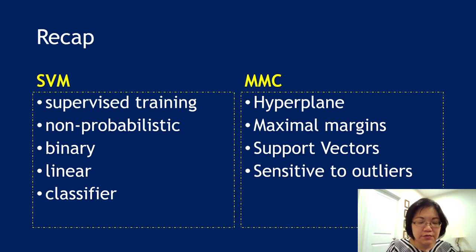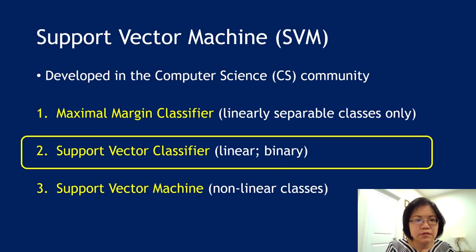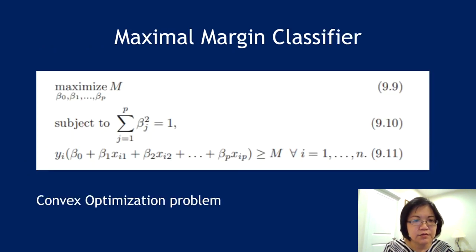However, it's also very sensitive to outliers, which is one of the main problems we're trying to solve using support vector classifier, which is the topic of today's lecture. So this is what we're going to focus on today, support vector classifier, which is an improvement upon maximal margin classifier.